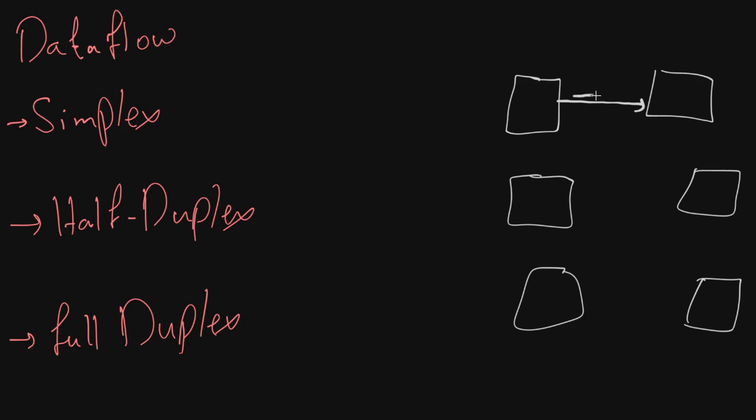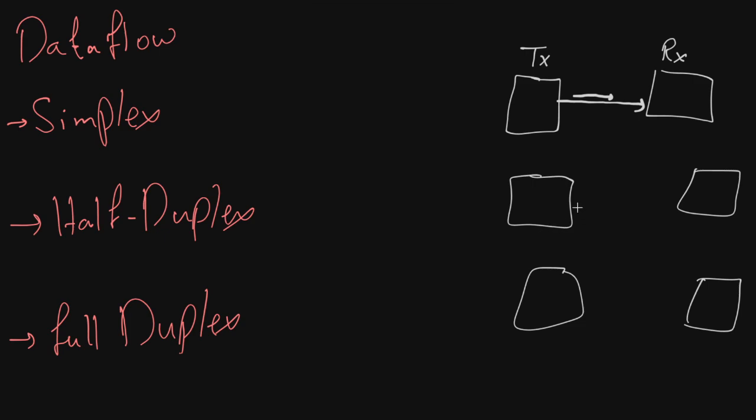So the traveling way is unidirectional. Of the two devices, one only works as a transmitter and the other works as a receiver, an RX. This is the simplex. It's just that simple. One is a receiver and the other is a transmitter or a sender.